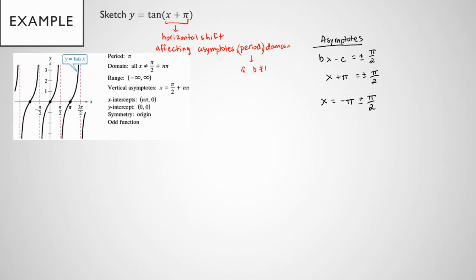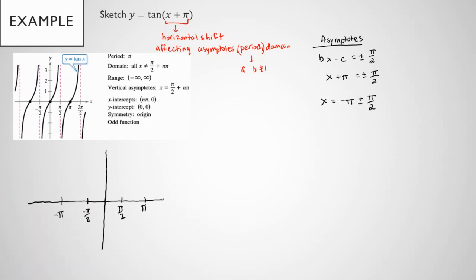So I figured out my asymptotes, and I'm going to just put those in right now. Because we have a plus or minus pi over 2, I'm going to just start counting by pi over 2 again. And so we've got where our asymptotes are going to be.